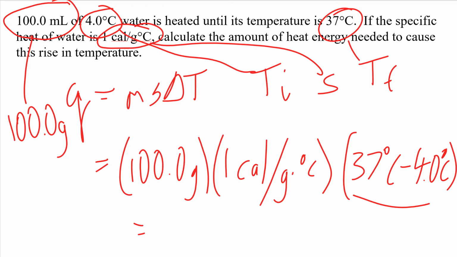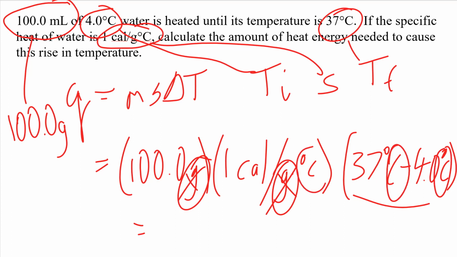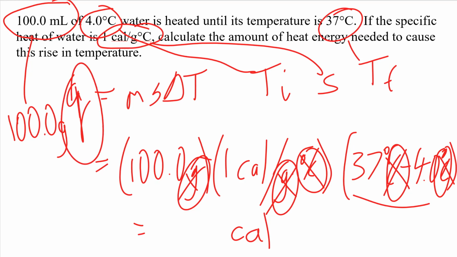Now notice that the grams here is on the top and here it's on the bottom, so it cancels. And here, Celsius is on the top, and here it's on the bottom, so that cancels as well. So then you're left with the answer in calories, which is what Q is. Q, remember, is heat energy. So it's going to come out as calories or joules, and then you do 100 times 1 times 33, and you're going to put your answer right there.